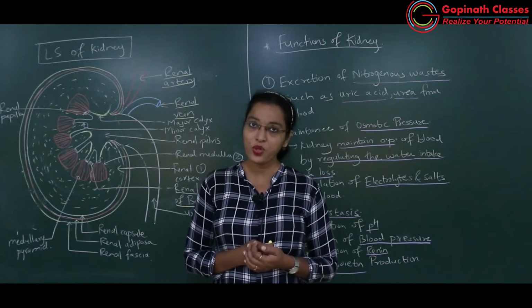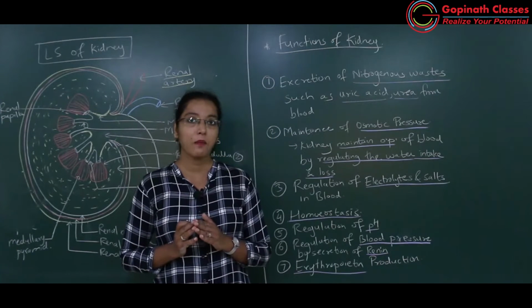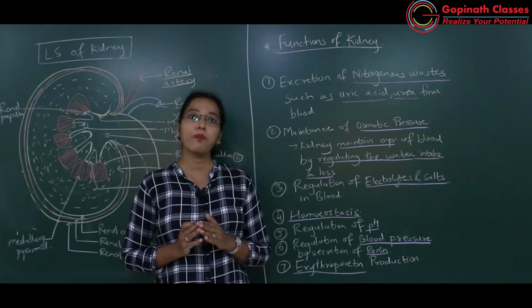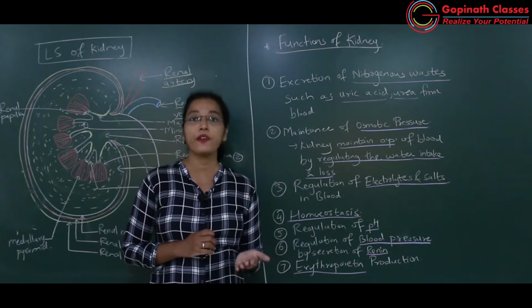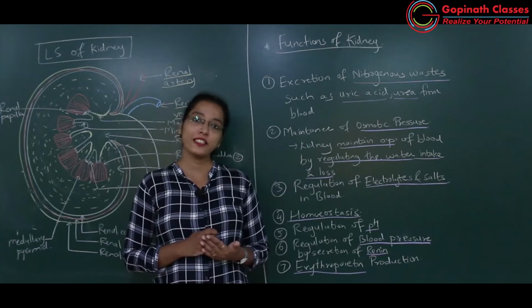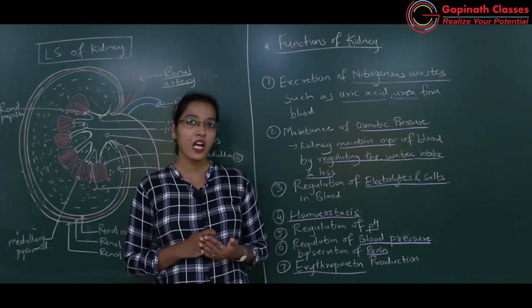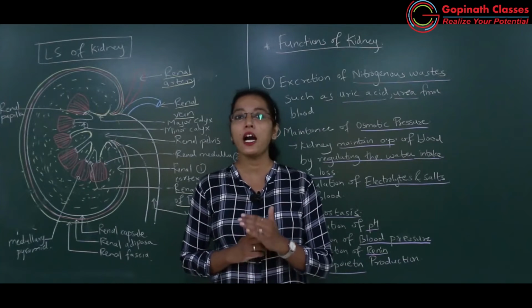So all of you understood how osmotic pressure of the blood is maintained by the kidney by excreting hypotonic urine or hypertonic urine. Hypotonic urine if the organism is consuming more water, so excess water will be eliminated out through urine, and that urine will be hypotonic.